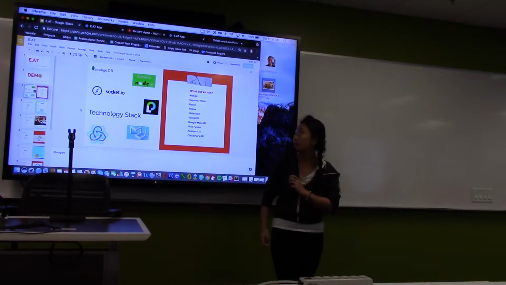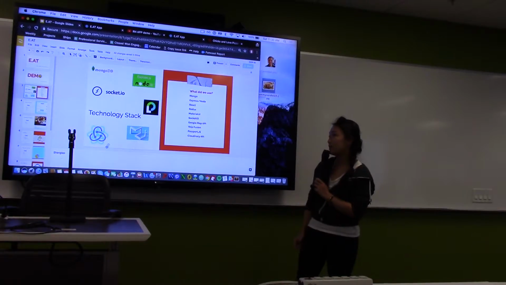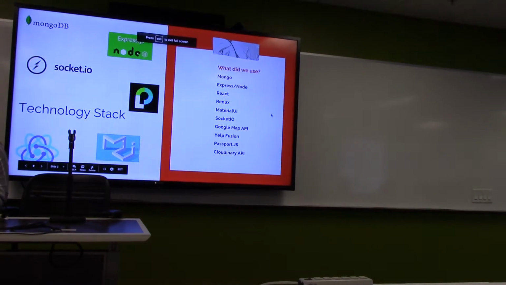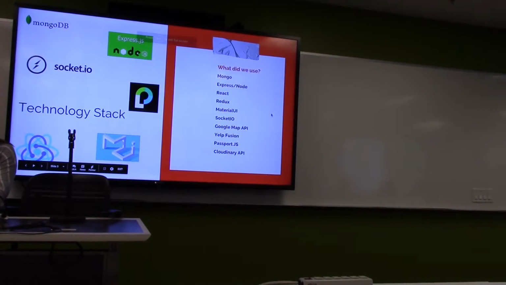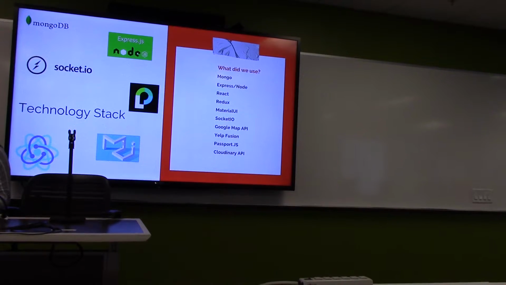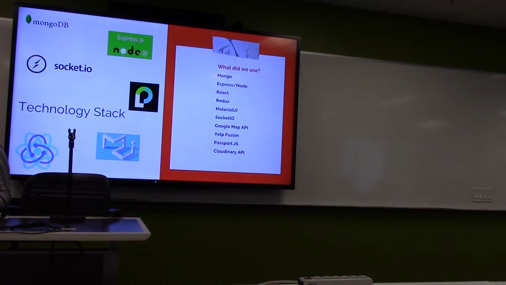And now we go quickly into the technologies that we use. For the technology, it's basically a MERN stack. We use MongoDB and vanilla Express for our backend, and React Redux for the front end. We use Material UI for most of the styling.